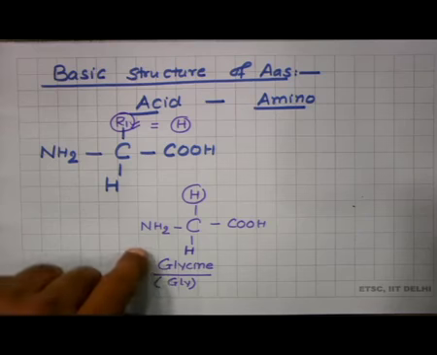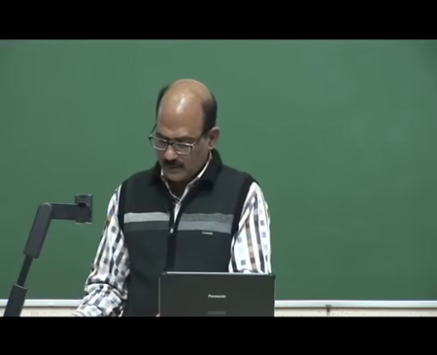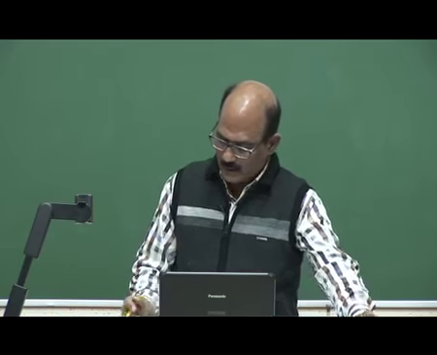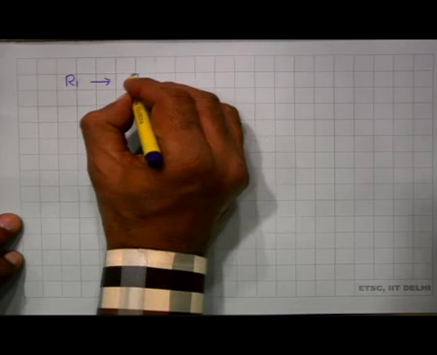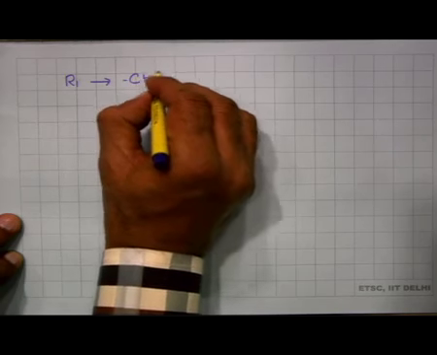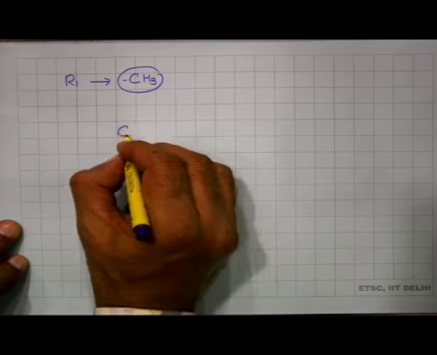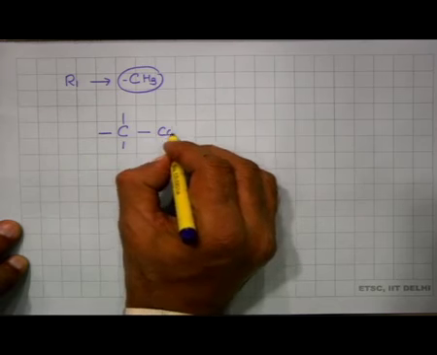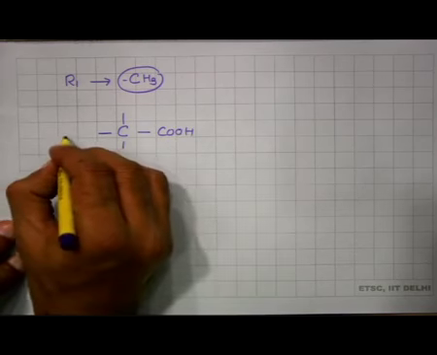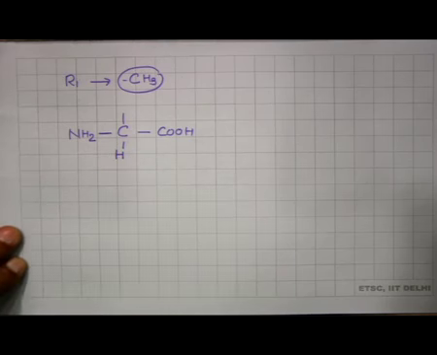Next, if the R1 is substituted by CH3, that is methyl group, just see this is the basic form, COOH, here NH2, H is there.